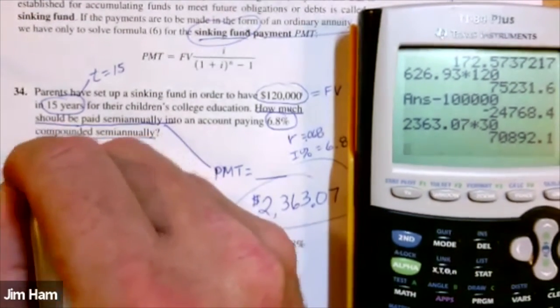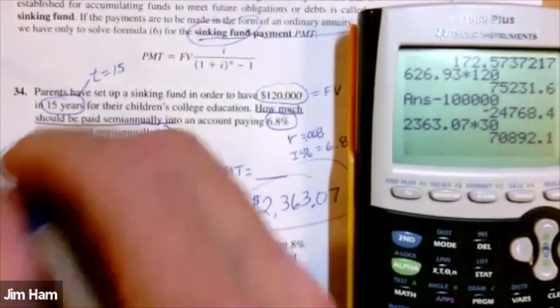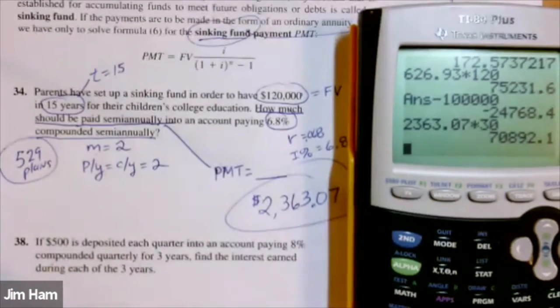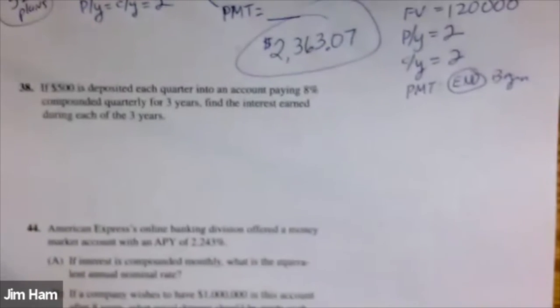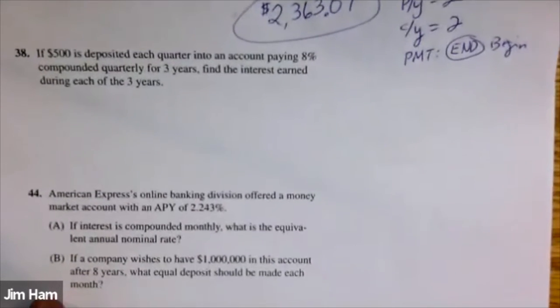And what's nice about them is that you can put that money in there, and when you take it out, they don't charge you taxes on anything you've earned. So you would have earned $29,000 of interest. And when you take that money out to pay for college education, they're not going to charge you any taxes on it.